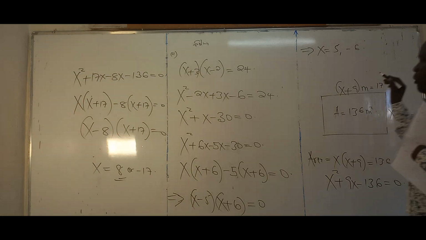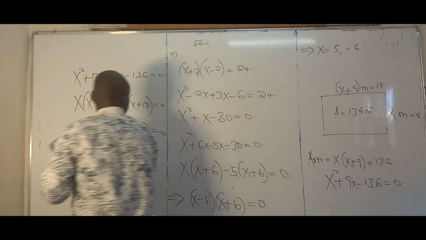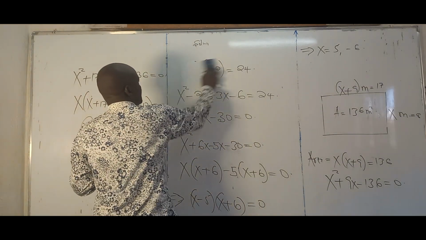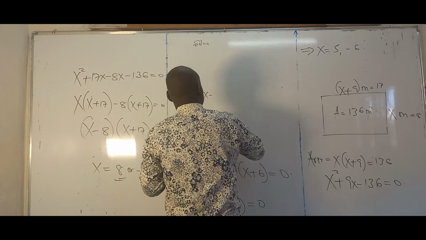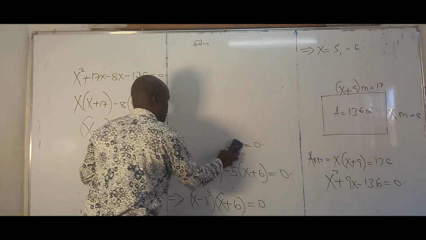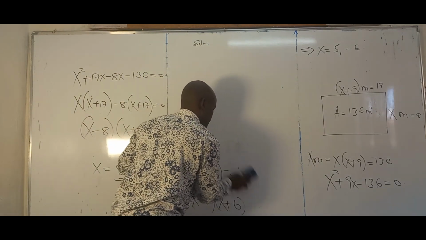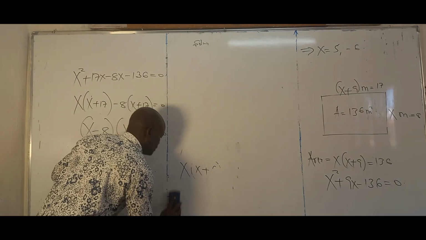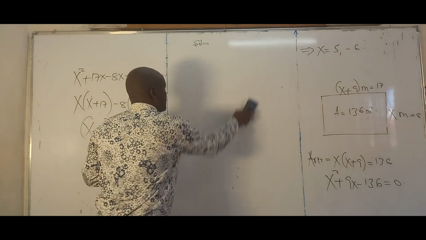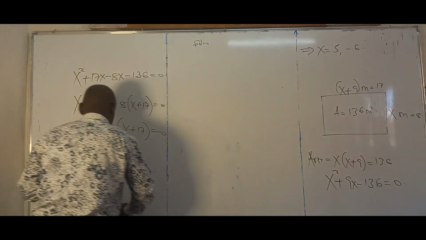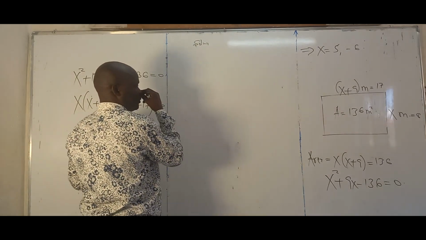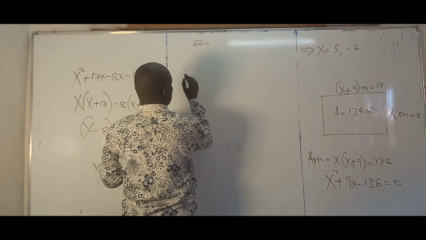So the perimeter should be 2 times length plus width.